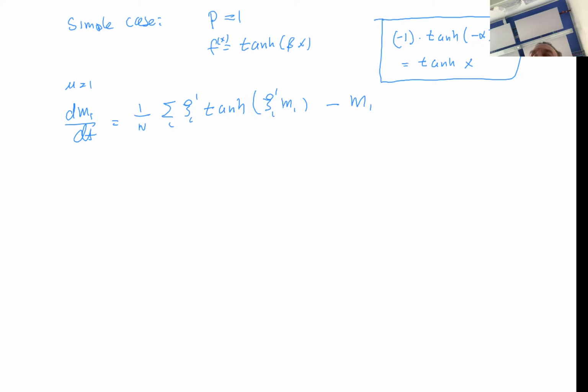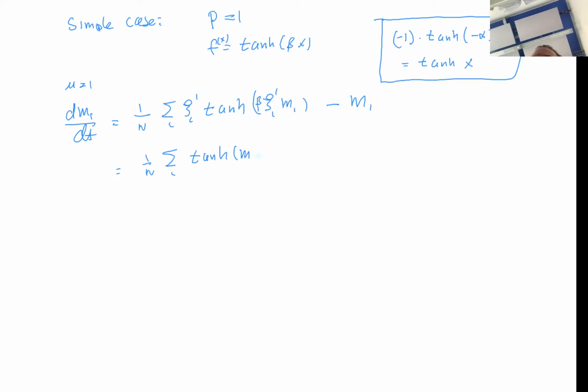But what that means is that we can take this squiggle 1 and put it inside here, right? The minus 1, whether it's a minus or plus, we get the same thing. We just get tanh, and what we get then is equals 1 over n, the sum on I of tanh m1. We forgot our beta.